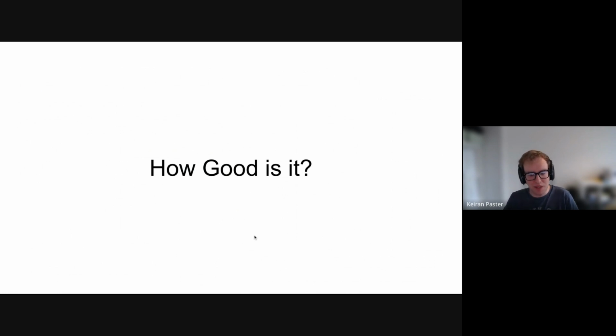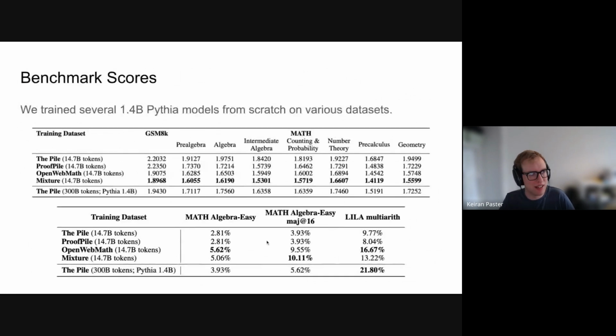And so our basic approach here was to just train small language models from scratch on the same amount of tokens of different data sets, including OpenWebMath, to compare on a per token basis whether OpenWebMath is outperforming these other data sets or not. So we took these 1.4 billion parameter Pythia models, and we trained them from scratch on the Pile, on Proof Pile, on OpenWebMath, and on a mixture of OpenWebMath and Proof Pile.